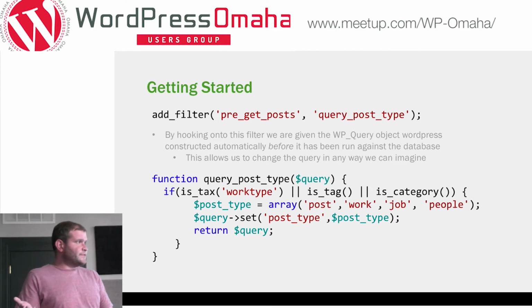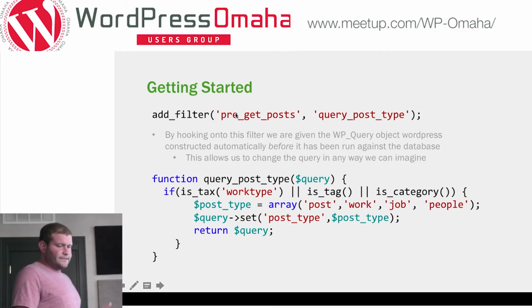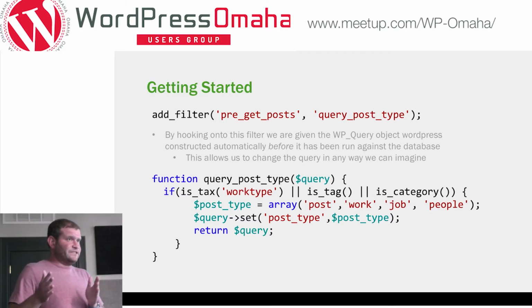Well, surprise, surprise, there is a filter to start modifying this. There are a few different places that you can hook in, but this is one of the earliest, pre_get_posts. At this point, WordPress has figured out what it wants to query from the database, but it hasn't actually done it yet.